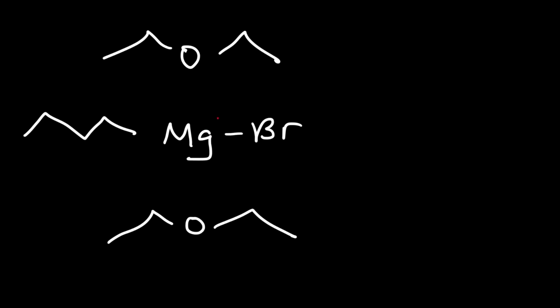So magnesium has the partial positive charge, and so it's attracted to the electronegative oxygen atoms. So the solvent basically forms a complex with the Grignard reagent, thus allowing it to dissolve in this solution. So when dealing with reactions associated with the Grignard reagent, or even when preparing it, you want to use an ether as the solvent.